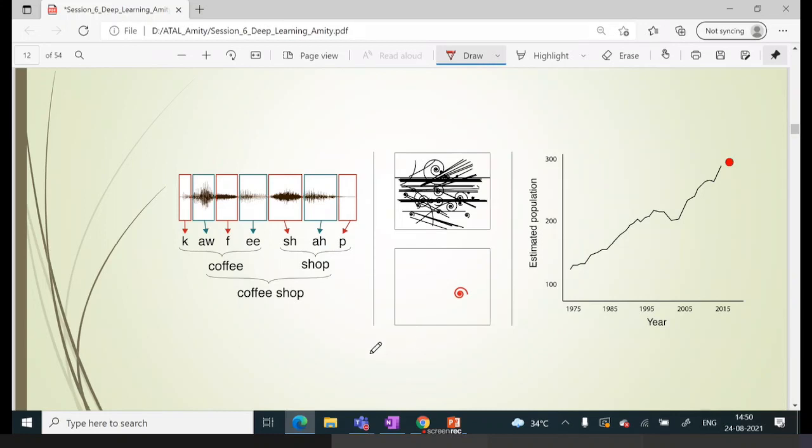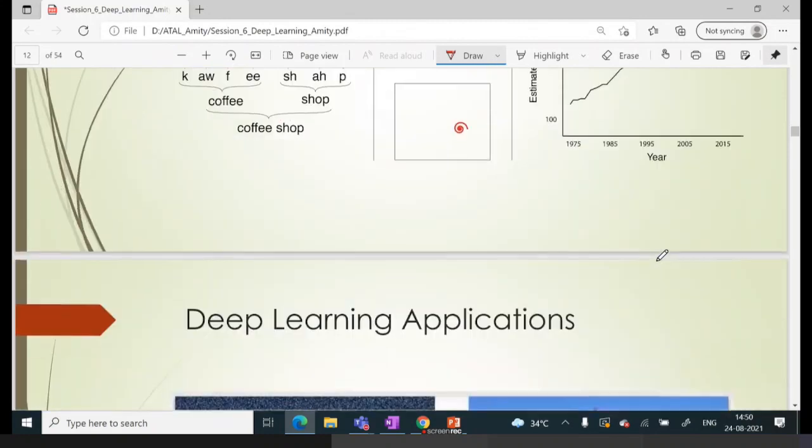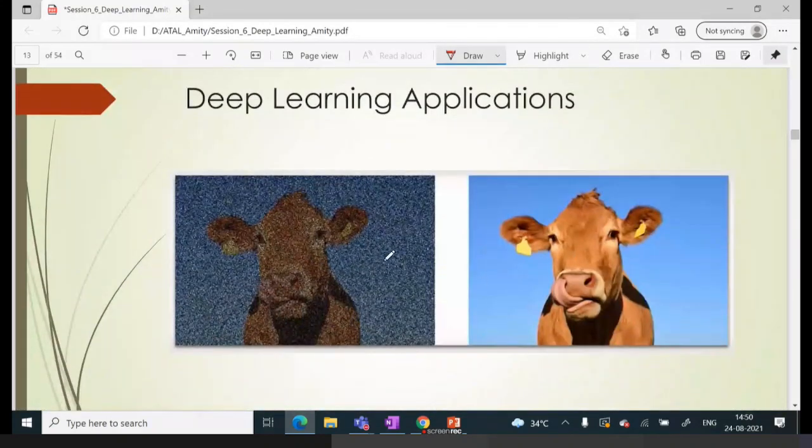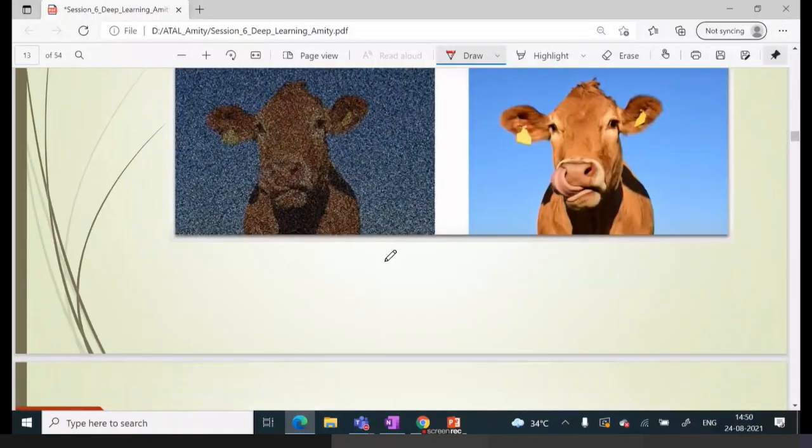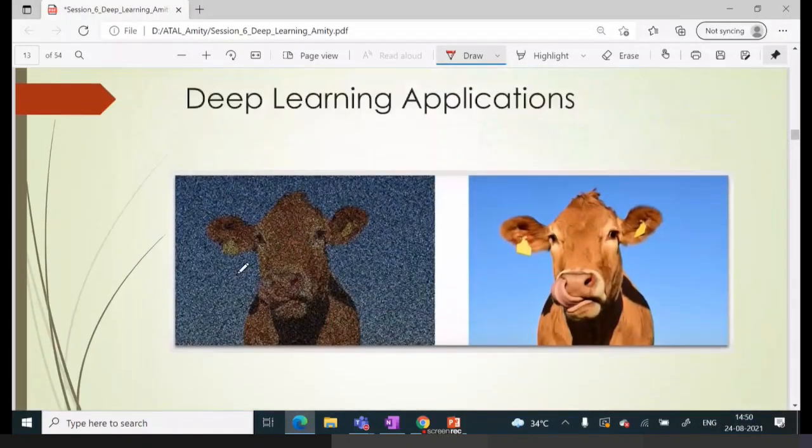Other applications are related to text to voice translation and so on. You can also estimate population using deep learning, and you can eliminate noise from your pictures. Like this, if this is my input, then deep learning will give me this one as my output.